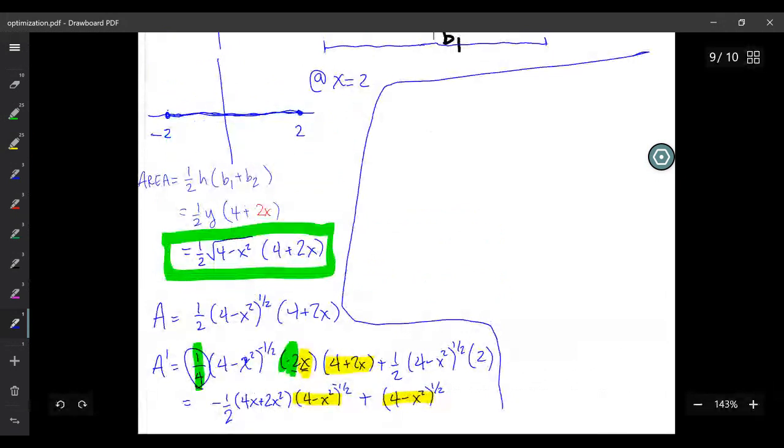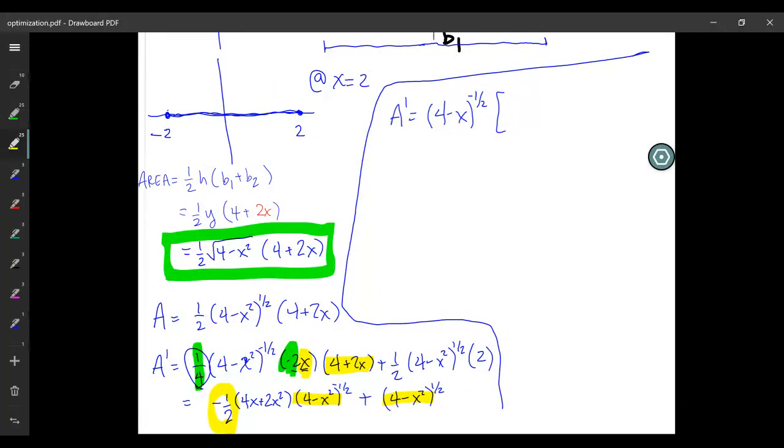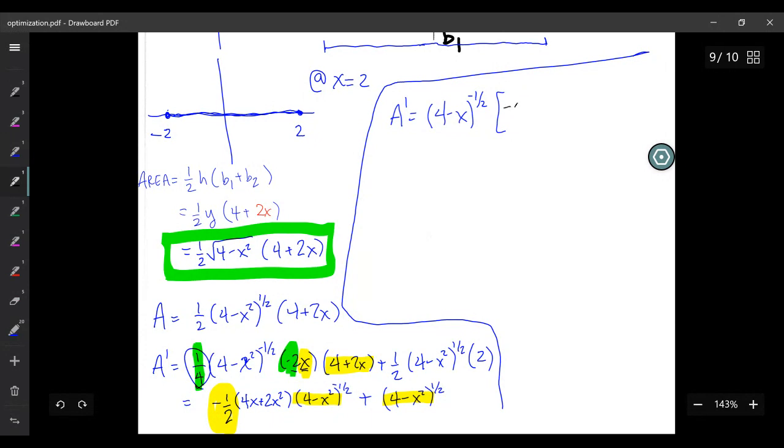If I factor out the lowest power of this exponent, I'm going to end up with, if I distribute this -1 out to this, I'm going to get a -4x minus 2x squared.